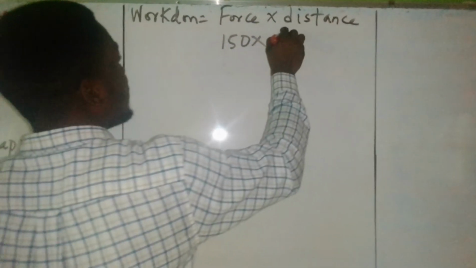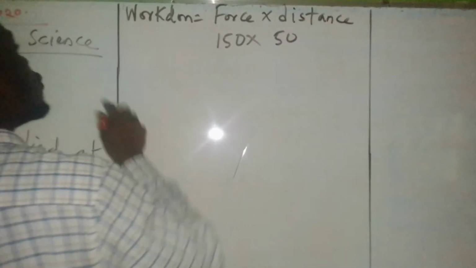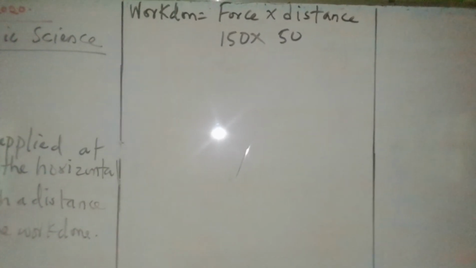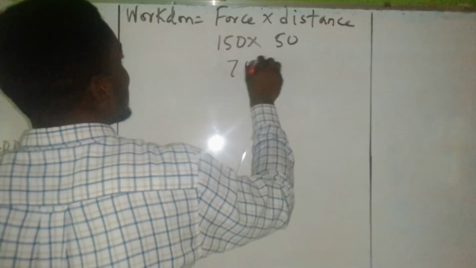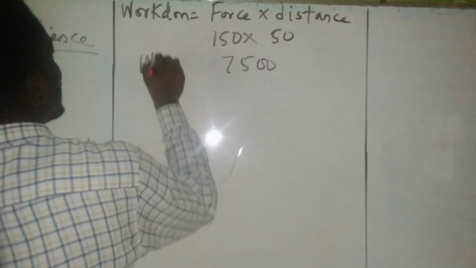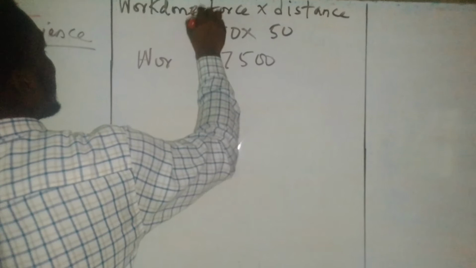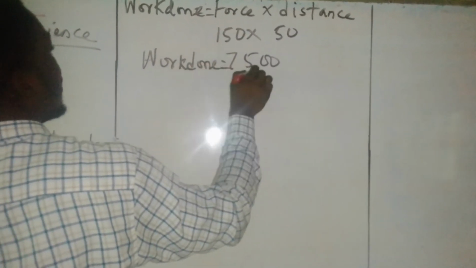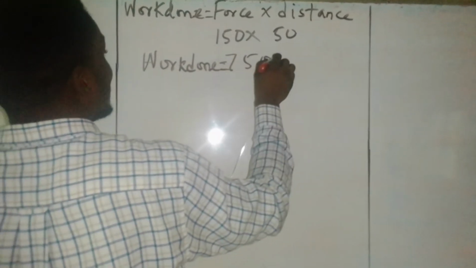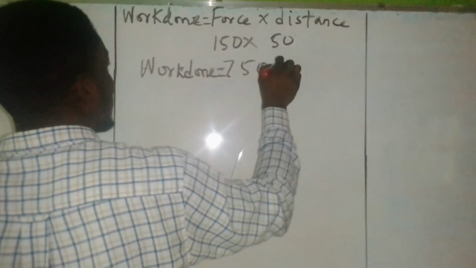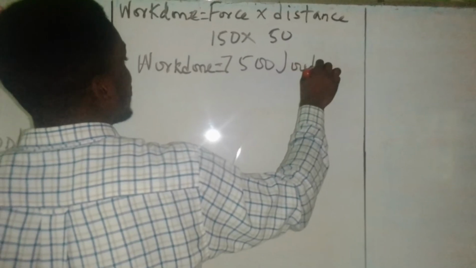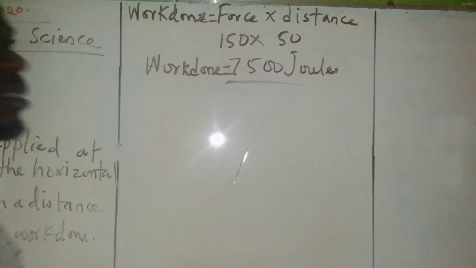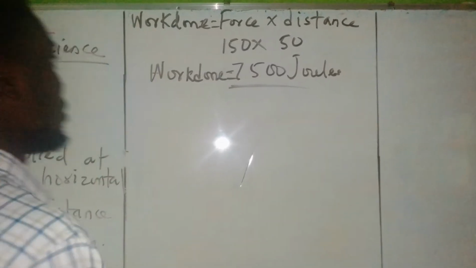The distance is 50. So when you multiply 150 times 50, you're going to have 7,500. So your work done is 7,500. Please don't forget the units. 7,500 what? Joules. You can spell it fully, or you put it as J, the abbreviation.